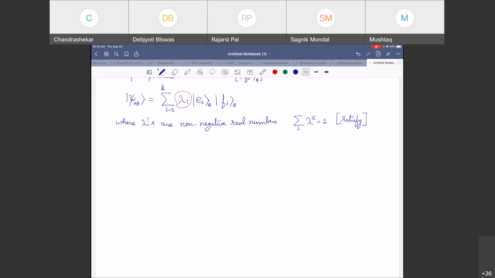Now if you want to prove this, in terms of the basis vectors, we just have to write the set, and H_B will contain the other basis.